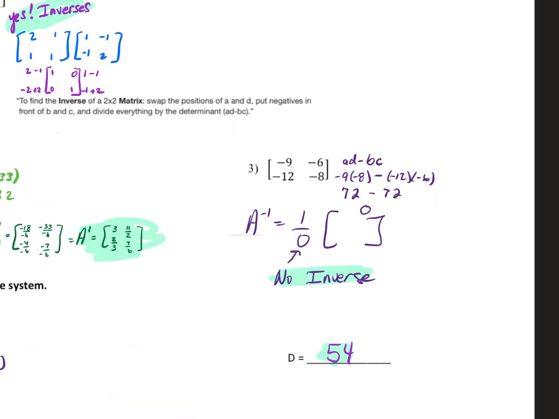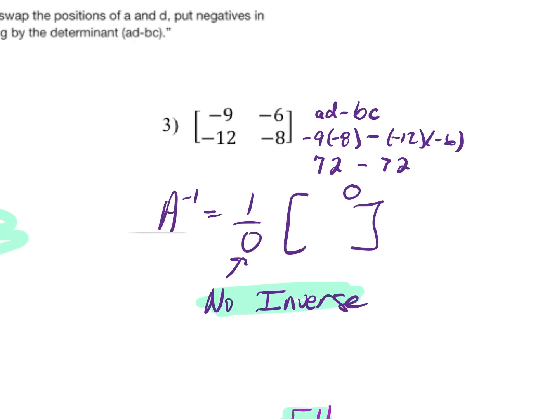Why is this one no inverse on number 3? Because you're dividing by 0 here. When you're asked to find the inverse and you find the determinant, when you take A times D minus B times C, we did that right here, and we came out with 72 minus 72 gave me 0.